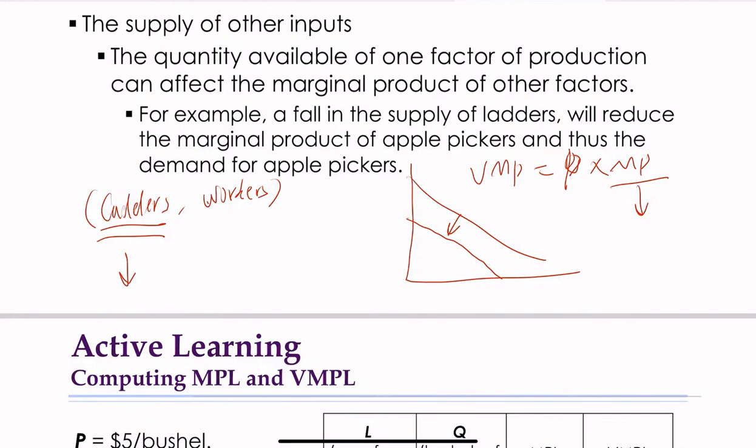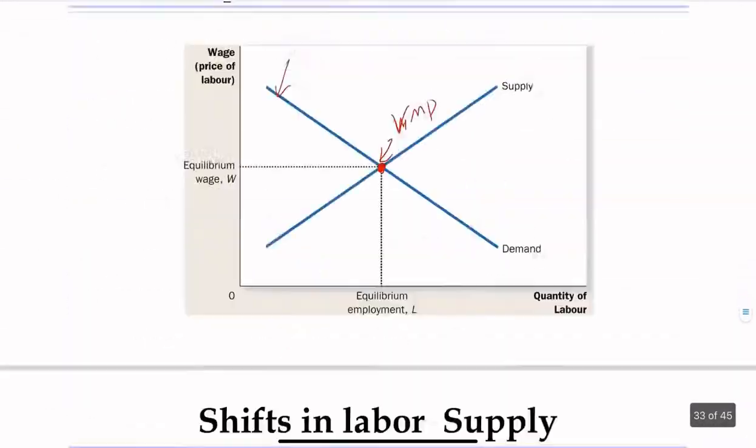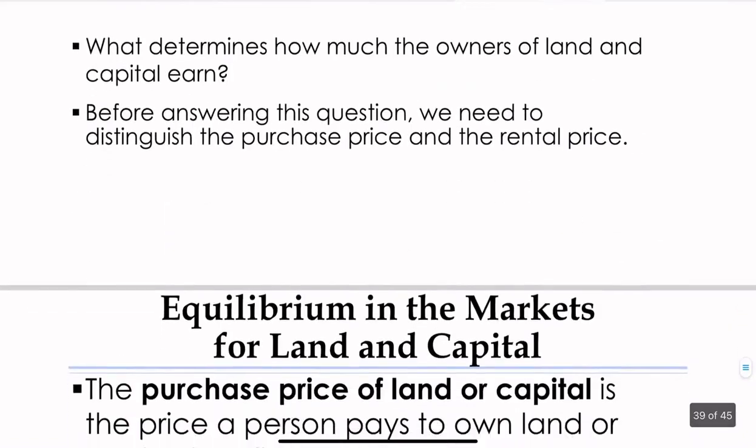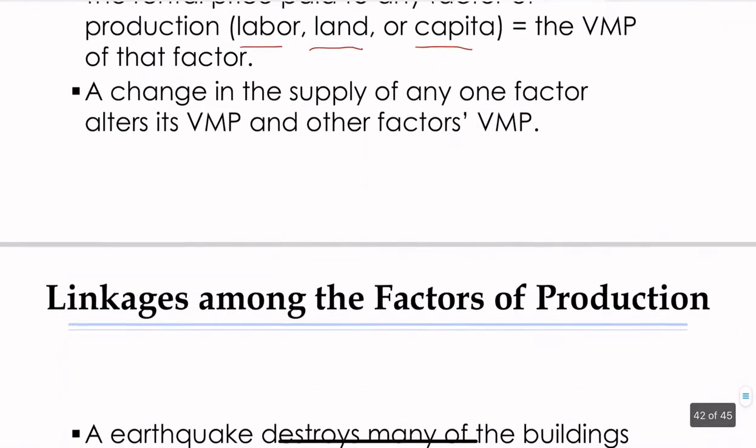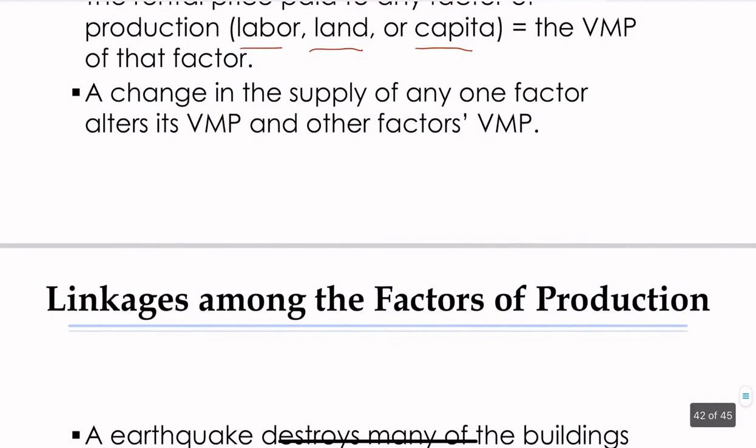So the values of marginal product of different inputs, different factors, are actually related, right? That's why the lecture note says a change in the supply of any one factor will change its own value of marginal product and other factors' value of marginal product, right? You could always use the example of ladders and apple pickers to understand this.